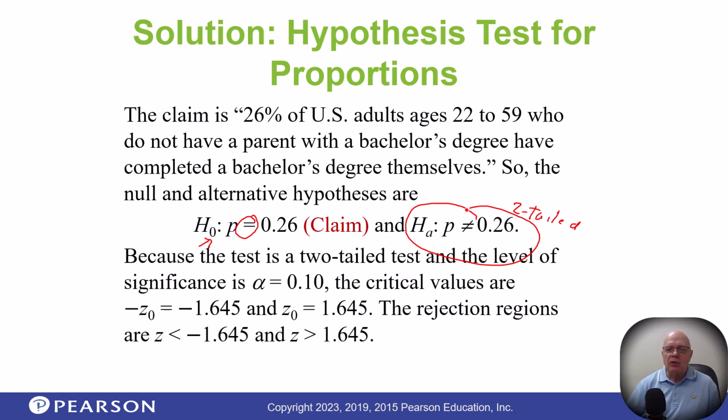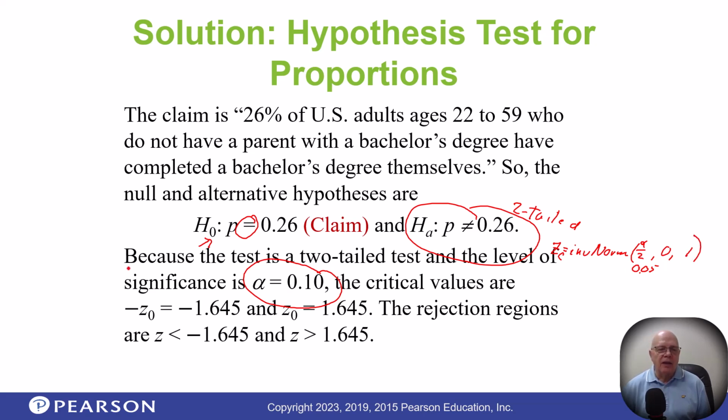And we can use inverse normal to get the critical value. Now it's a two-tailed test, and our alpha is 0.10, which means we need to use alpha over 2, which is 0.05. Now this is a z critical value, so we'll have 0 and 1 out here.